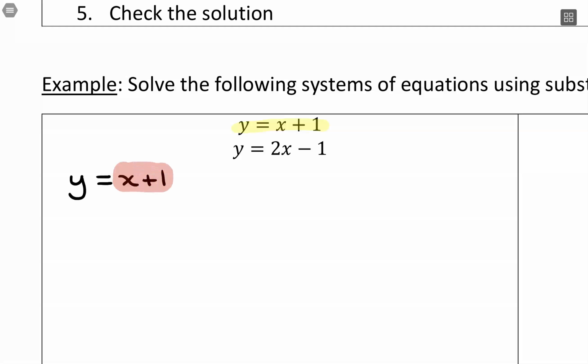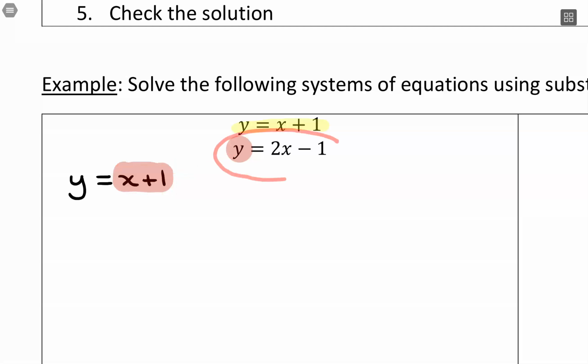So I'll use my second equation, y equals 2x minus 1, but where I have y, I'm going to replace it with x plus 1, because those are interchangeable.